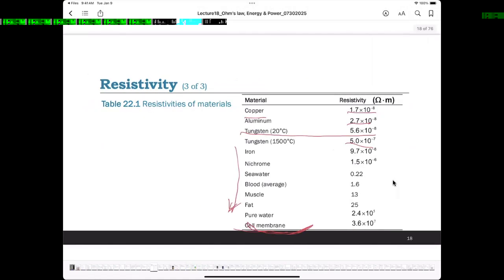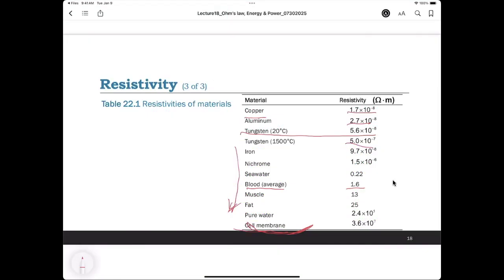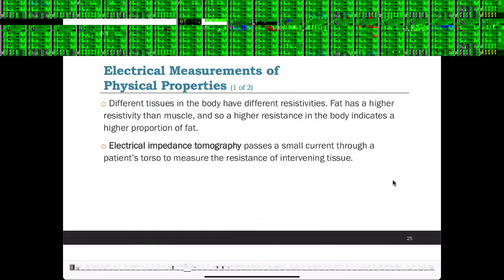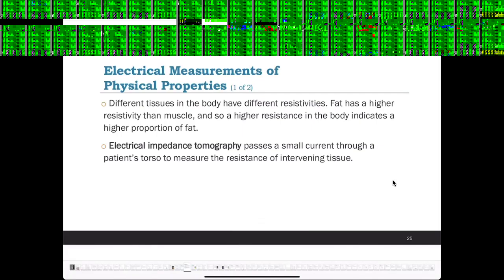You can see the blood has 1.6, this is the muscle, this is the fat, this is the cell membrane. Fat has higher resistivity than muscle, and so a higher resistance in the body indicates a higher proportion of fat. That makes sense to you?